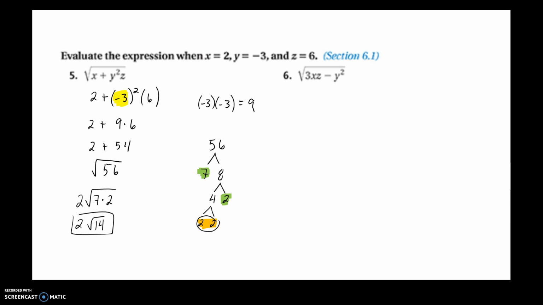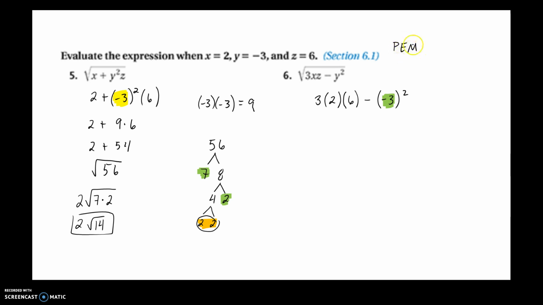And you have all of this work, so you can look at the work you did and then redo the problems, look at your work along with what I'm doing here. So substitution, 3 times x, which is 2, times z, which is 6, minus, and here we have that negative number squared again. Okay, so here I am. I got to square that. And remember your order of operations.